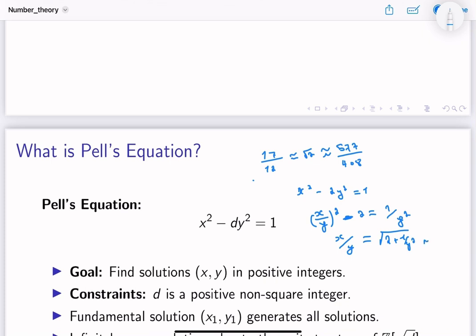You can think of the right hand side as an approximation of the square root of 2. So whenever you get a solution, the fraction x over y is going to be a good approximation of the square root of 2. Okay, so this looks interesting.